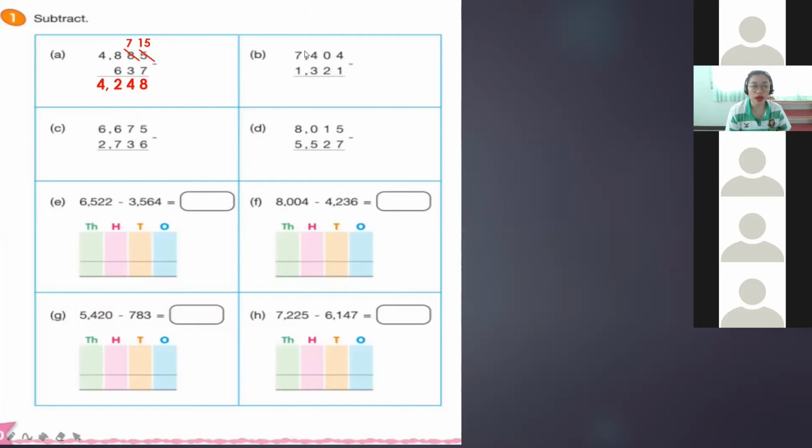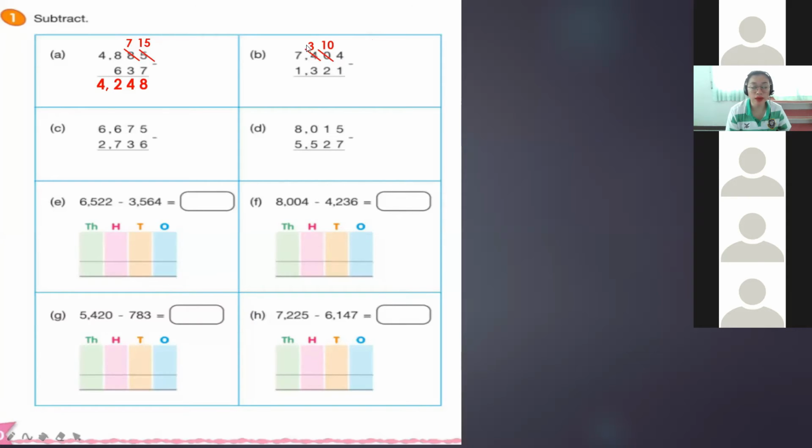Letter B, we have the numbers 7,404 minus 1,321. From the ones place, 4 minus 1 is equal to 3. In the tens place, we have 0, which is smaller than 2.